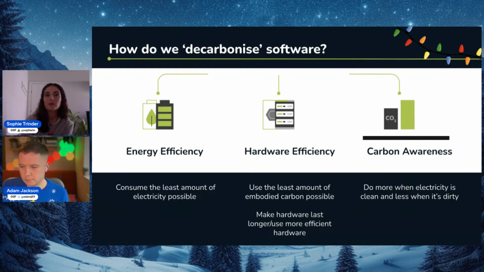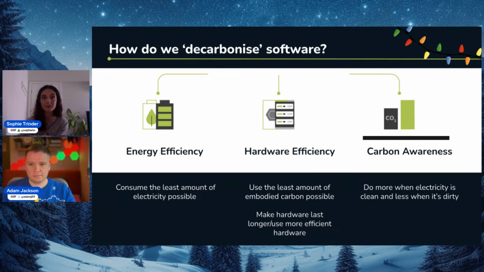If we look at hardware efficiency, that's where it looks at the creation and the disposal of the hardware. To be hardware efficient, we should use the right hardware for the right workload, so it's highly utilized. But we should also make that hardware last as long as possible, so that we don't emit more emissions creating new hardware sooner than is necessary.